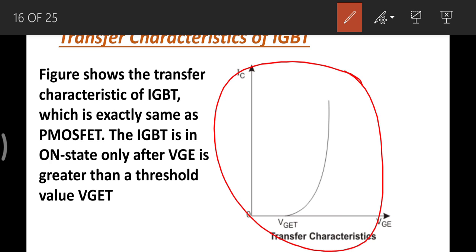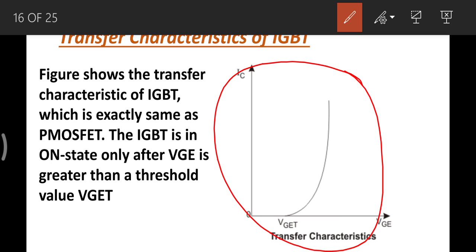And here we have to remember one thing: only when the voltage is more than the threshold voltage, the collector current starts. Here VGE(th) is considered the gate threshold voltage. When the applied voltage is greater than this threshold voltage, only then the current is going to increase. So this is about the transfer characteristics.